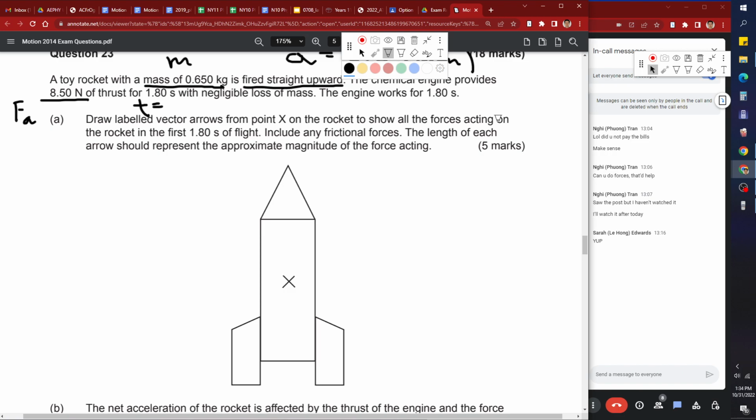So the lengths of each arrow should represent the approximate magnitude of the force acting on it. Okay. So that means that the more force something is, we should have a longer arrow, right? All right. It's on Earth, so there's always gravity.